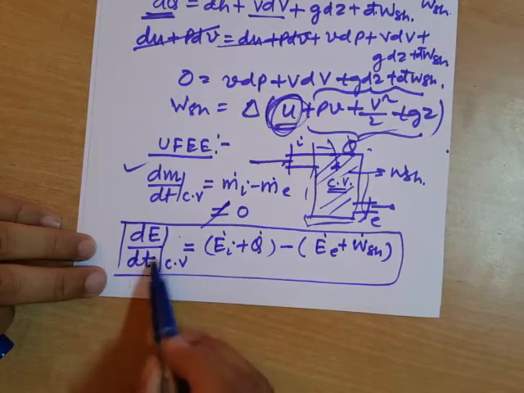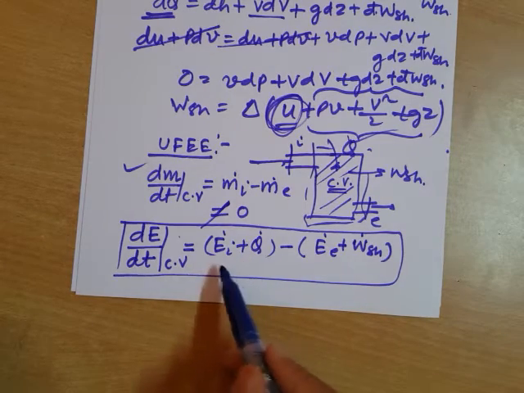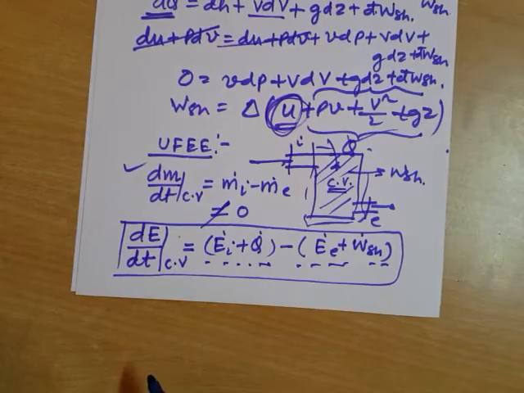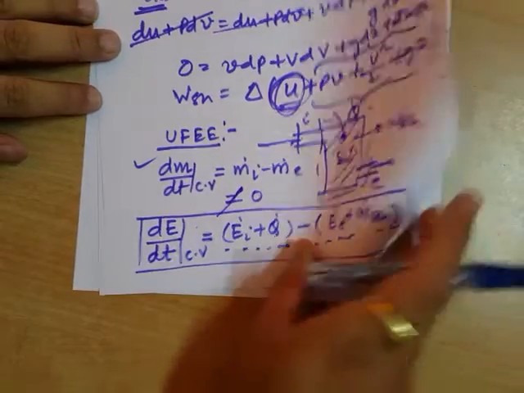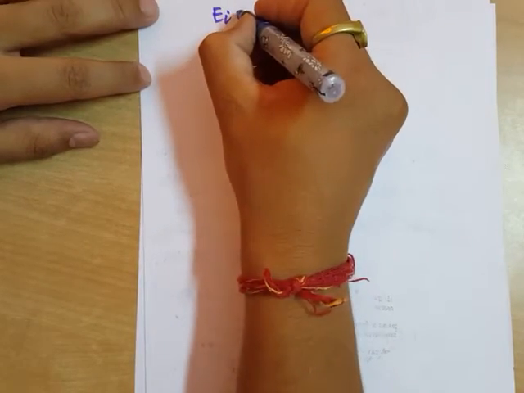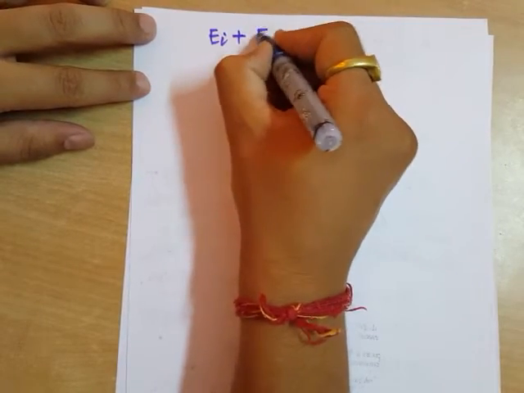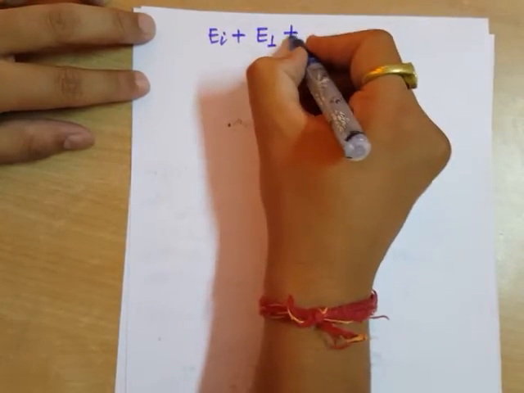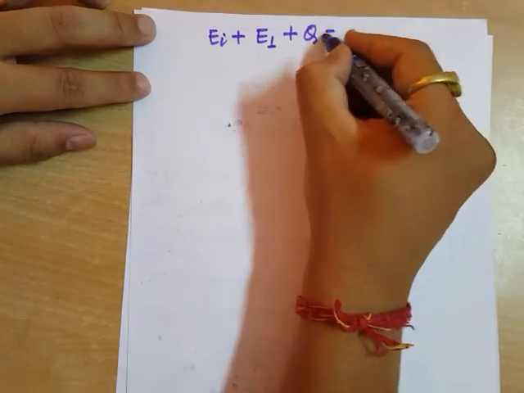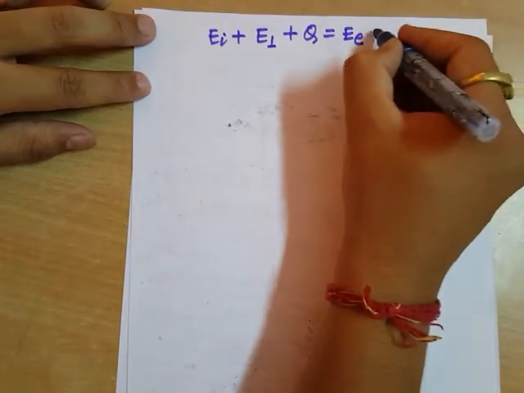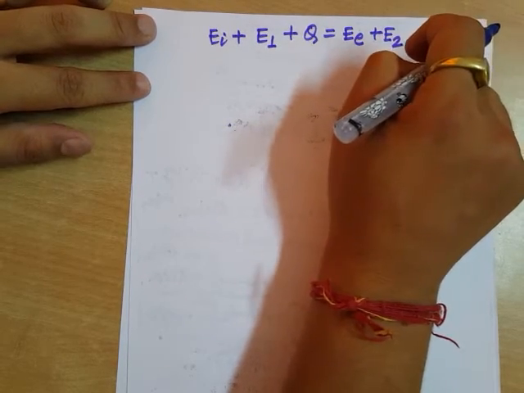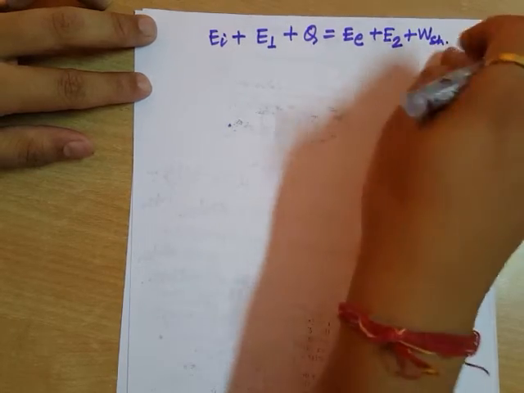That is, the net rate of accumulation of energy in the control volume will be equal to the total energy entering the control volume minus the total energy leaving it. This equation can also be written like this: energy entering the control volume, plus energy in the control volume prior to the start of the process, plus the heat transfer to the control volume during the process, is equal to the energy exiting the control volume plus the energy in the control volume after the process has stopped plus the work transferred from the control volume during the process.